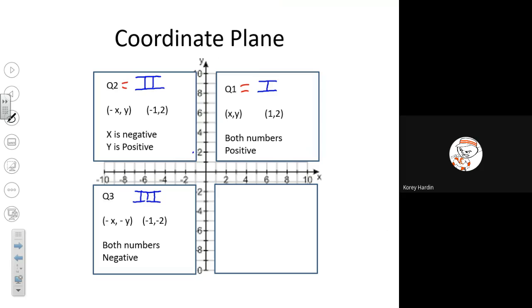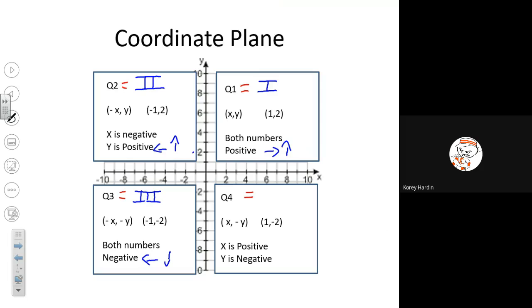Left and down. I'm going to go ahead and write those arrows on those two because I think that's something good you should know too. So quadrant 3, you're going to go left and down. So you've got a negative x and a negative y.